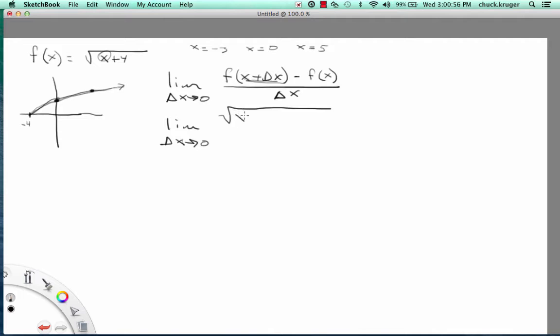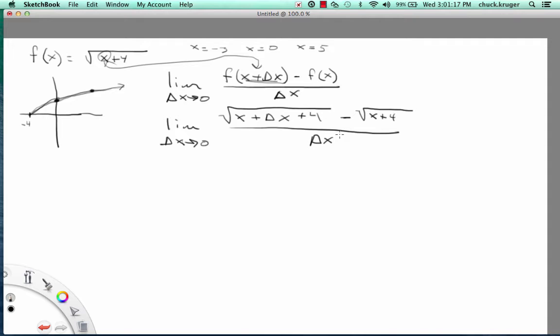So I'm going to have x plus delta x. Now that's what I substituted in for x right here, plus 4, minus the square root of x plus 4, all over delta x.